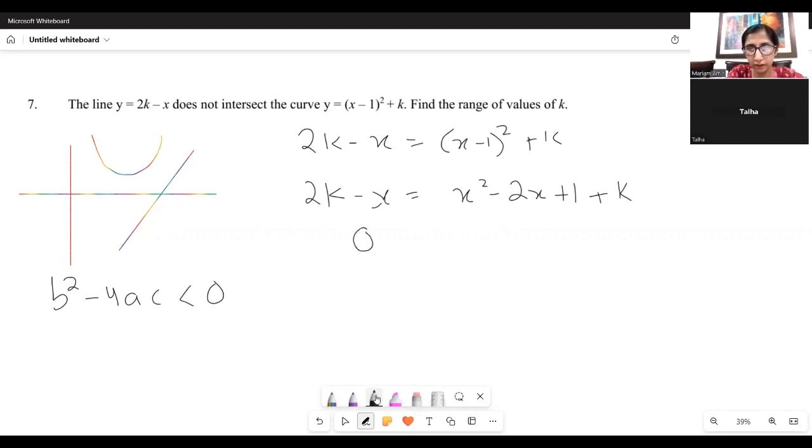So I'm writing 0 here, and x square minus 2x plus x plus 1 plus k minus 2k.